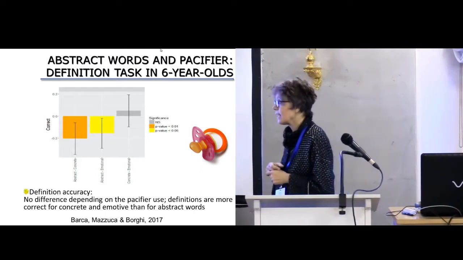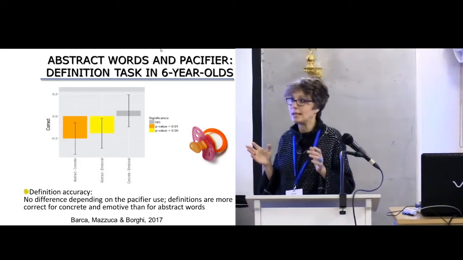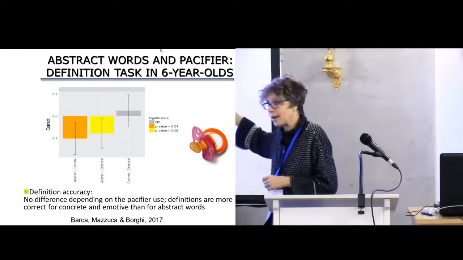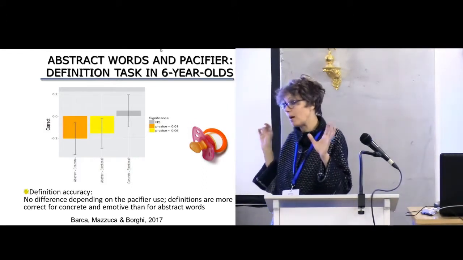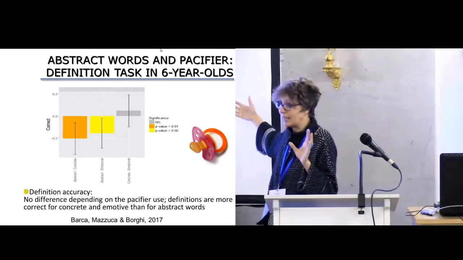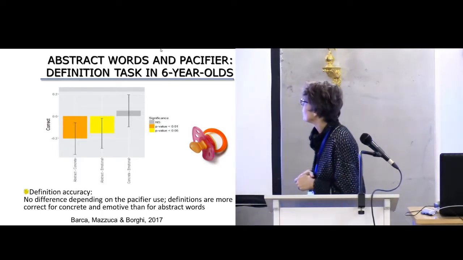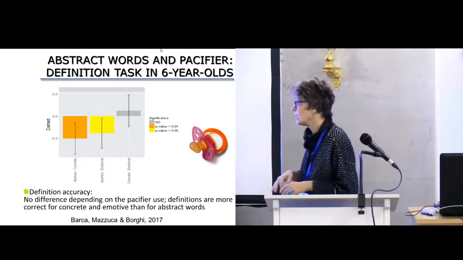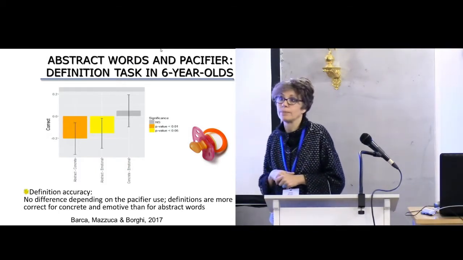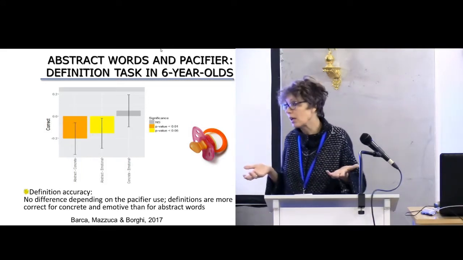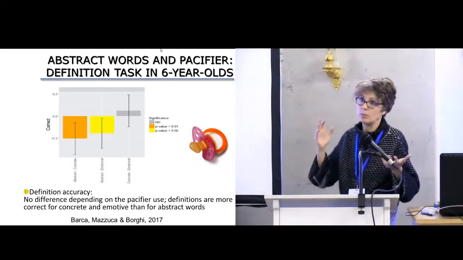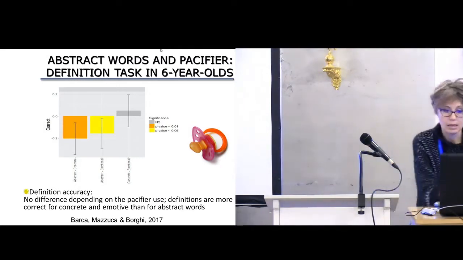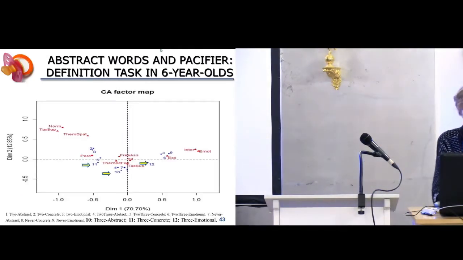We used a questionnaire for parents in order to determine how long they had used the pacifier. We didn't find any difference pertaining to the pacifier. We found a difference in accuracy. Children define concrete concepts better than emotional and abstract ones, and define emotional better than abstract. And this is quite clear.